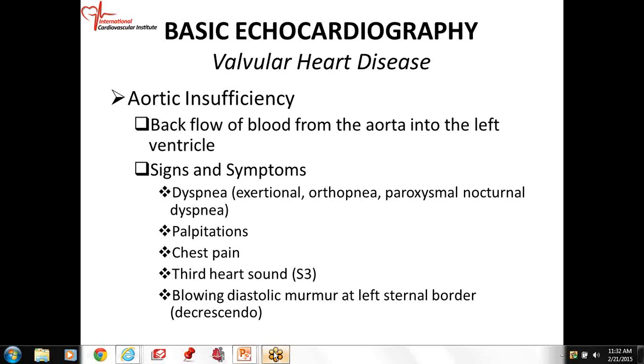Hold on. You're talking about the apical view? Yes, the apical, sorry. All right. So you say when it's moving from the 4 to the 5 to the 2 to the 3? Yeah. Okay.